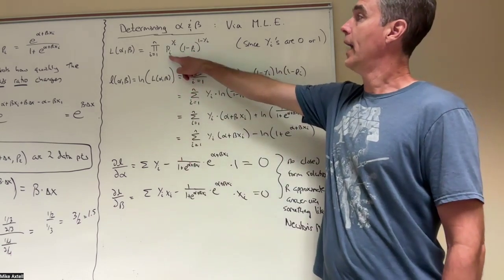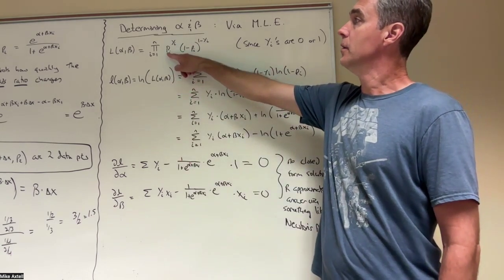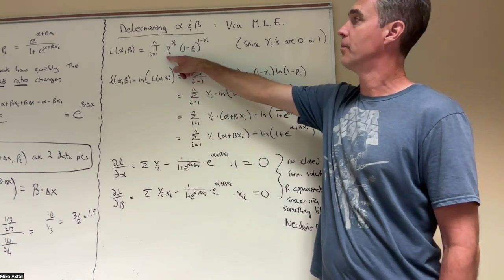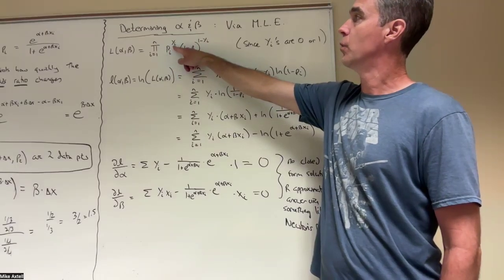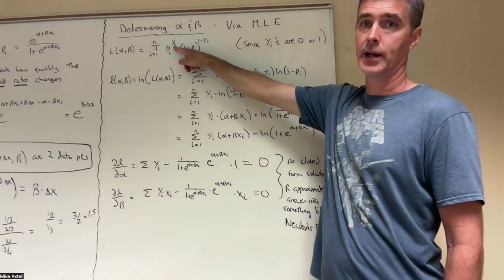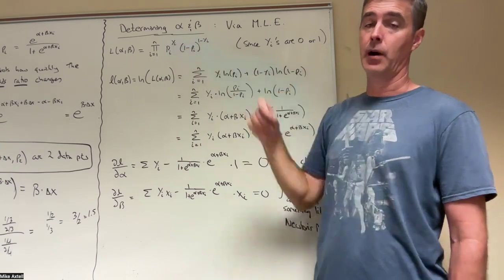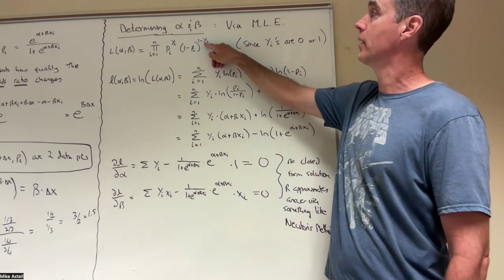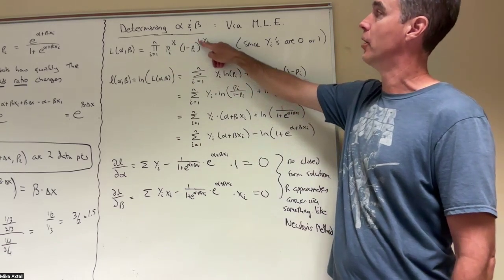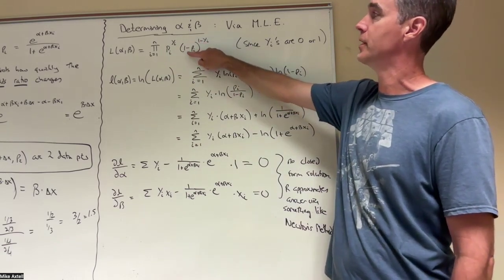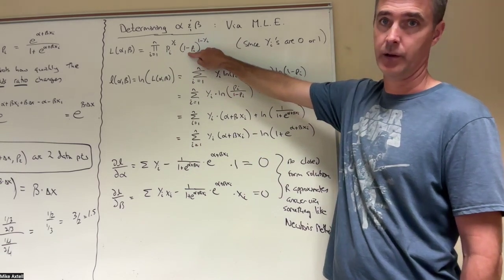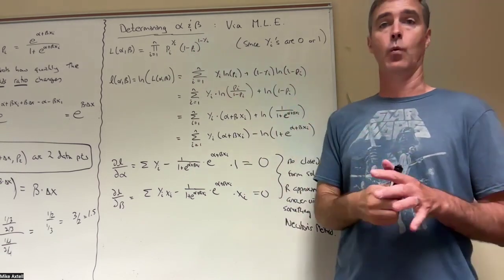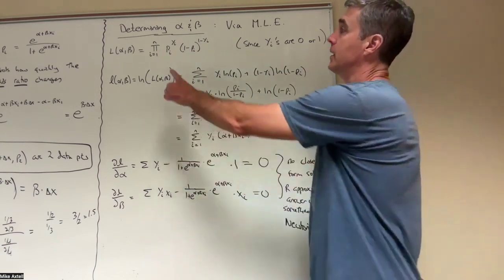Well, I have a p sub i for each y sub i that equals 1. So if y sub i is a 1, that means the probability of success is p sub i. And if the y sub i is equal to 0, this exponent is 1, so that means I get a probability of failure here.